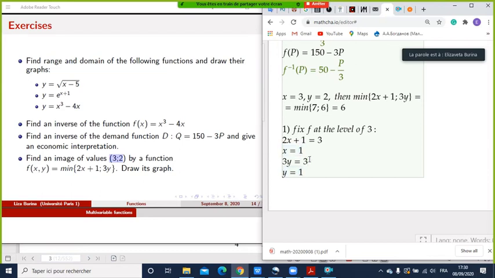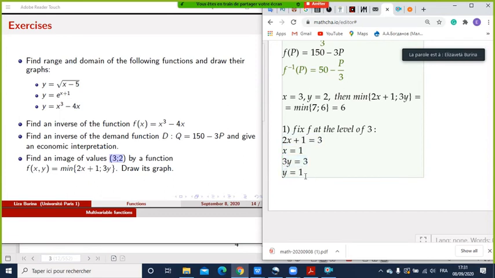So now let's see. Just consider these two. If x is taking greater values, this for sure will always be greater than 3. Thus, 1 is the smallest value for x to fit this assumption, right? 1 is the smallest value for x, 1 is the smallest value for y.